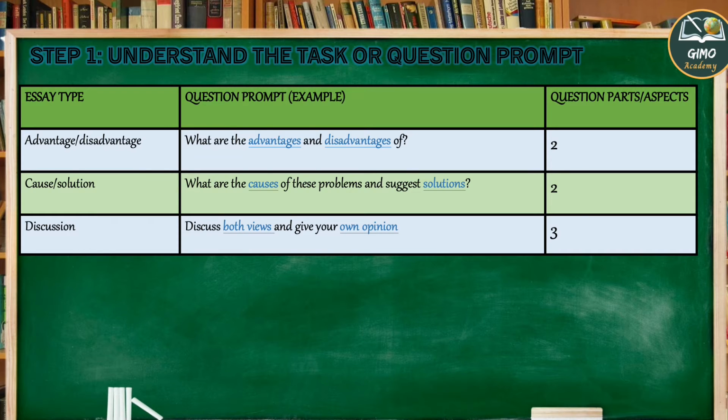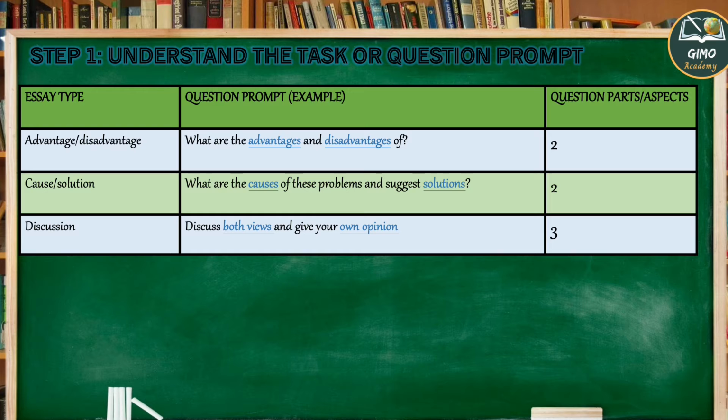In the first part, you need to discuss 2 views, 2 perspectives. So you have to discuss the first perspective and then the second, and you have also to give your personal opinion. And overall, you're going to have three parts that you have to effectively tackle.